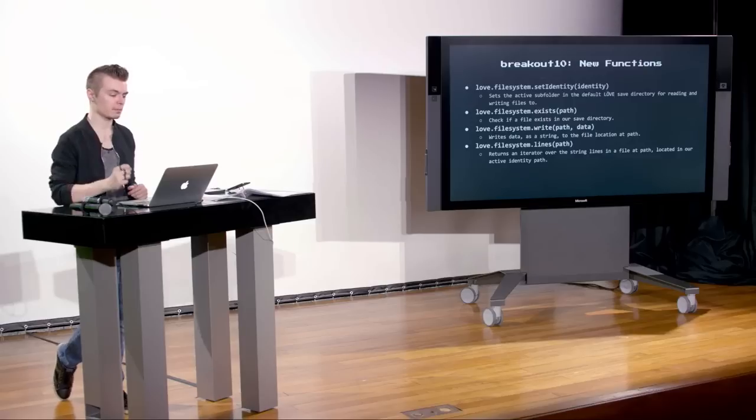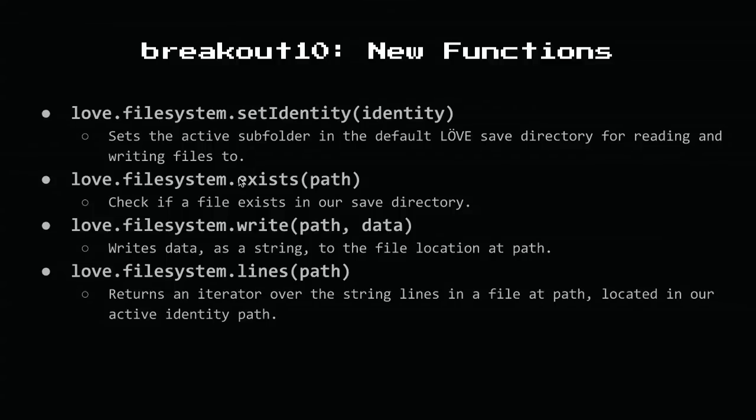It's like AppData Local on Windows and Application Support plus the name of your application on Mac. But it's a subfolder that Love has read and write access to for files on your file system. You can check whether it exists with love.filesystem.exists at some path. You can write to that path with some data, that data being a string value. And then love.filesystem.lines is an iterator, which will allow you to look over any of the data that's in a file at a given location.